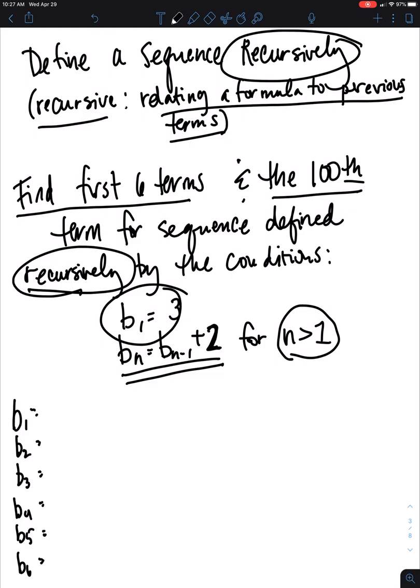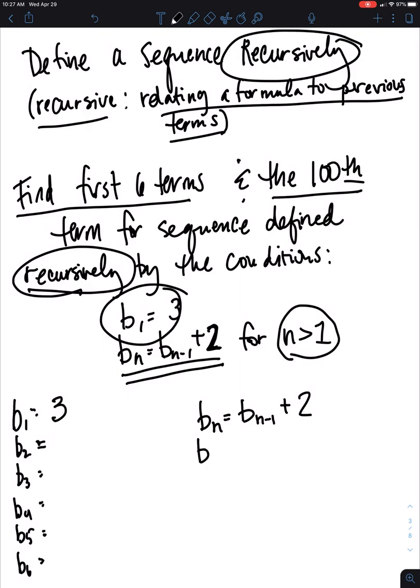Okay, so if you look at B1, B1 is 3, right? So if I want to find B2, I'm going to write this equation right here so I have a little space. These are subscripts, a little subscript down here, so don't be confused by my handwriting.